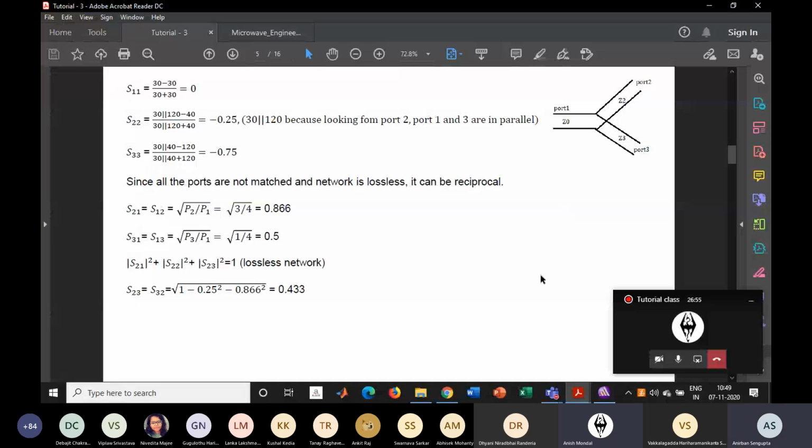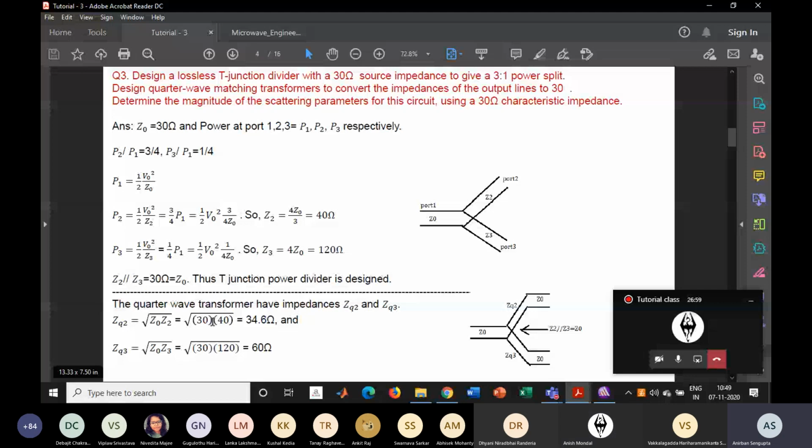Actually, there are two parts of this question. One part is that you are going to match these Z2 and Z3 to the 30 ohm. For that we need a quarter wave transformation, as shown in the design, a quarter wave matching transformer to convert the impedances.